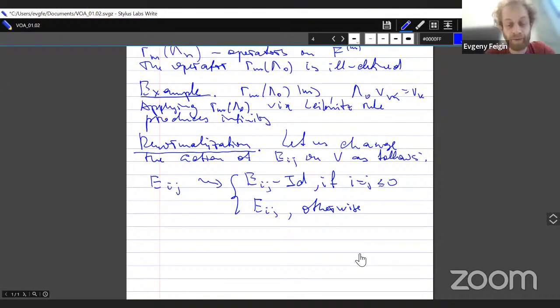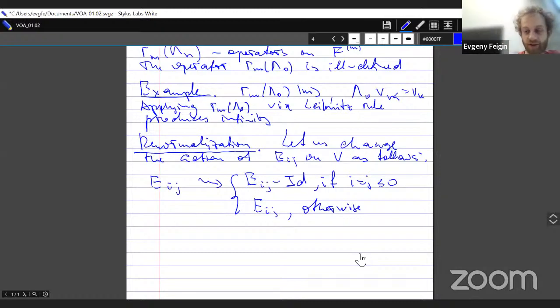So what does it mean? We change the action of E_{ij}, but only for the diagonal matrix units, and only for those where i and j are both non-positive.